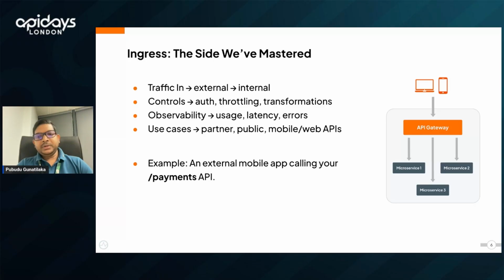From the observability side, you look at the usage, latencies and errors, just to understand your consumers. From the use cases point of view, you have partner APIs, public APIs, and web and mobile applications that consume these APIs. For example, this can be an external mobile application that calls your payment API.